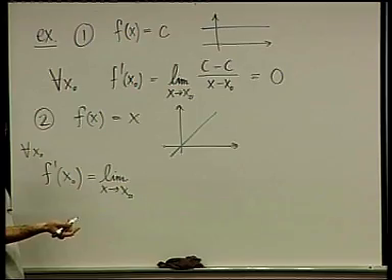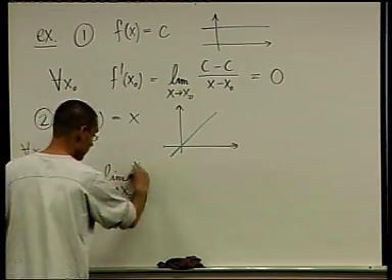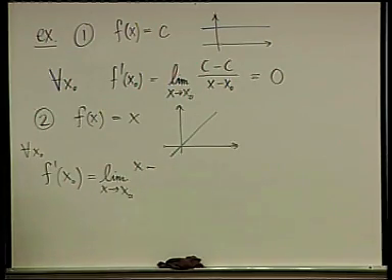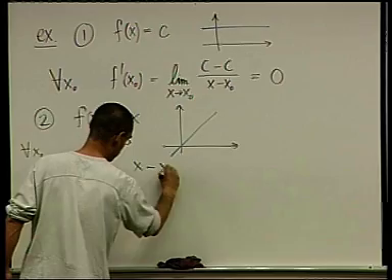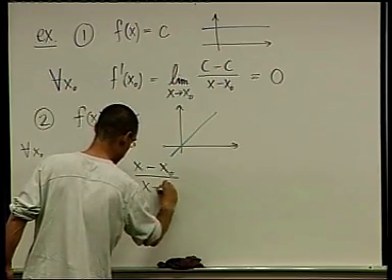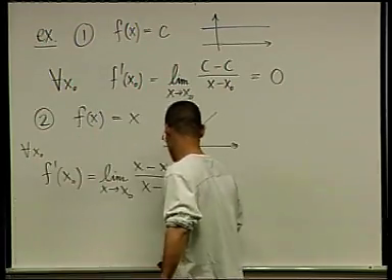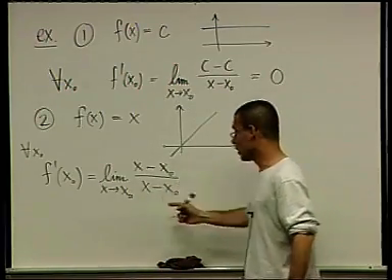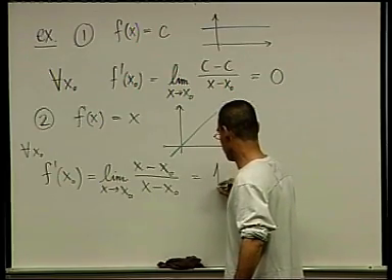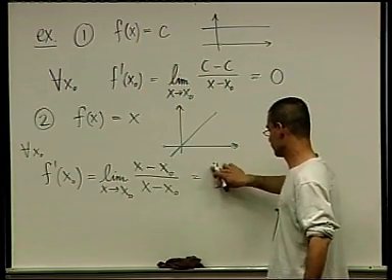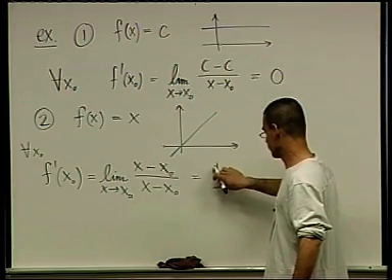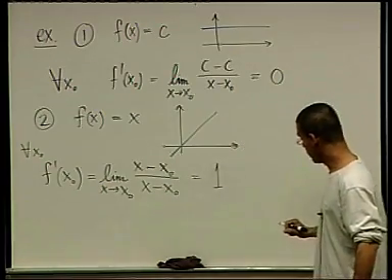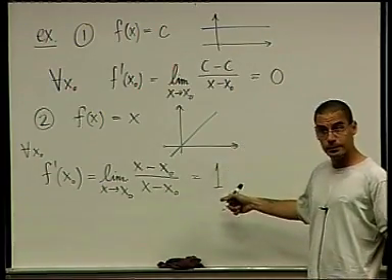What is f of x? x. Minus f of x0. What is f of x0? x0. Divided by x minus x0. So this expression is always 1. The limit of the constant function 1 is 1. Fixing a 1 with a long nose is not hard, not easy. Good? Questions?